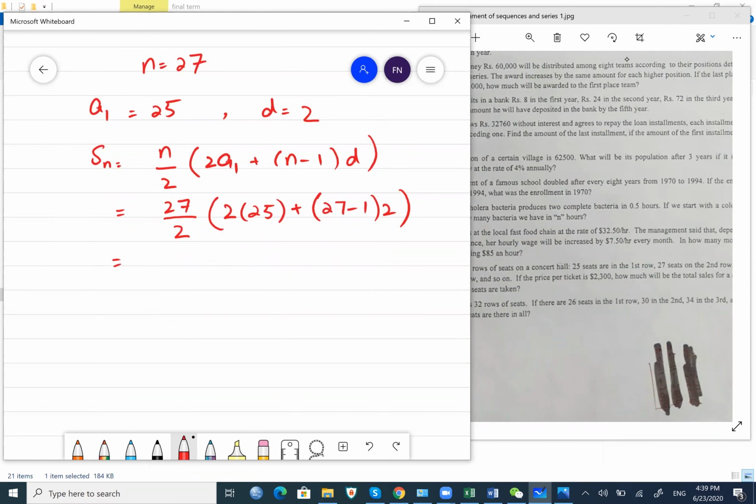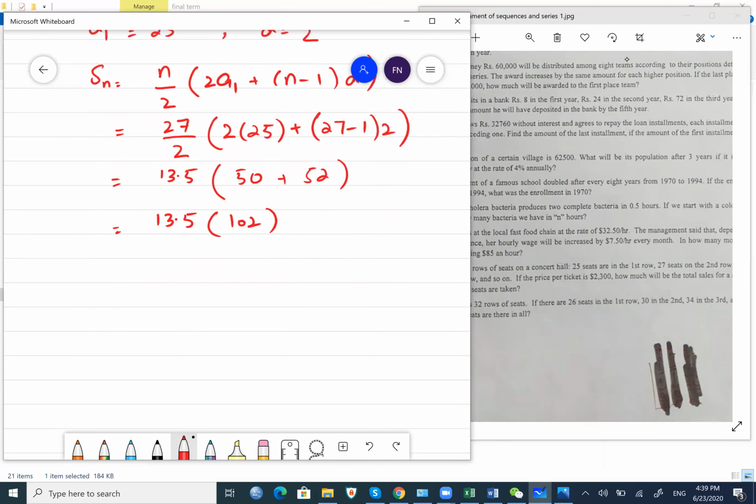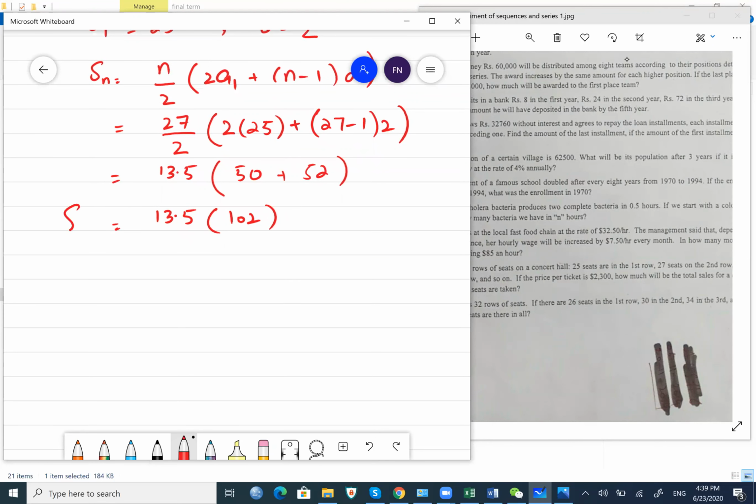So 27 means 13.5. 50 plus 26 minus this 52. So 13.5 times 102. What is this? 1,377.